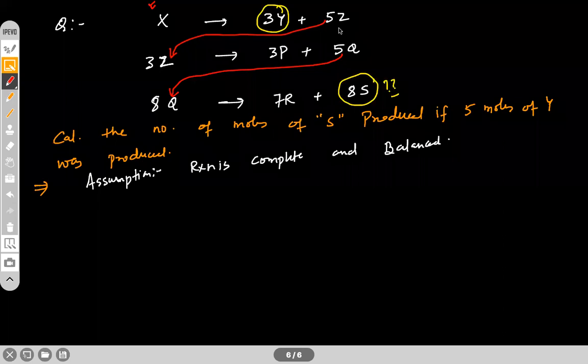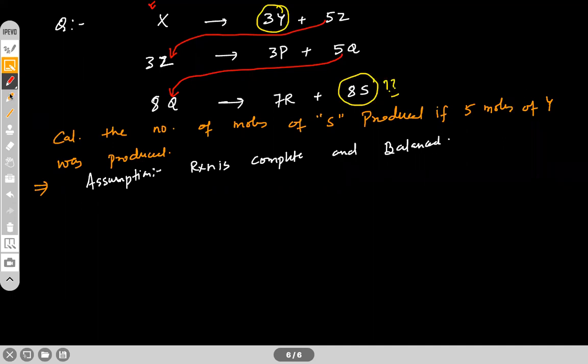First of all, to find out S we need Q. To find out Q, we need Z. And Z we can calculate from the first reaction. So 3 moles of Y is equivalent to 5 moles of Z. So 5 moles is equivalent to how much?